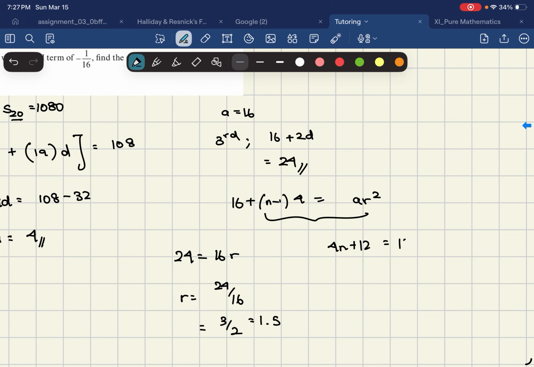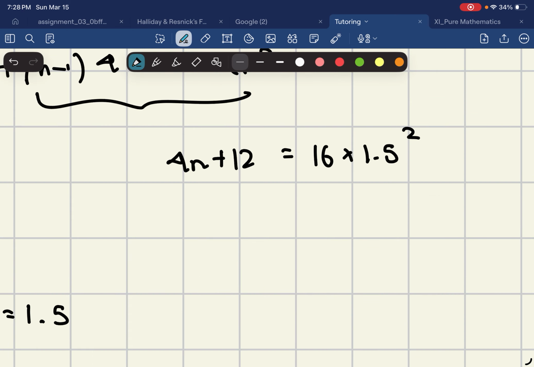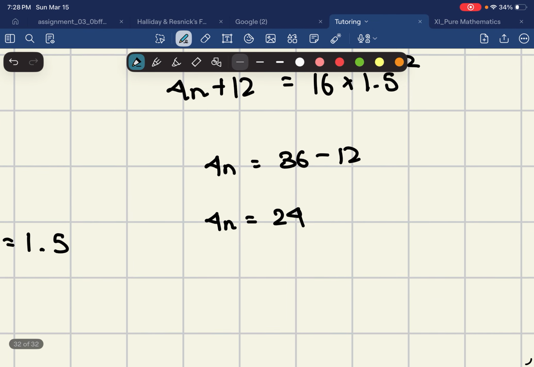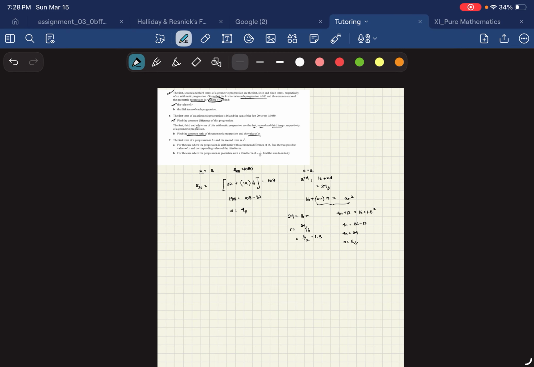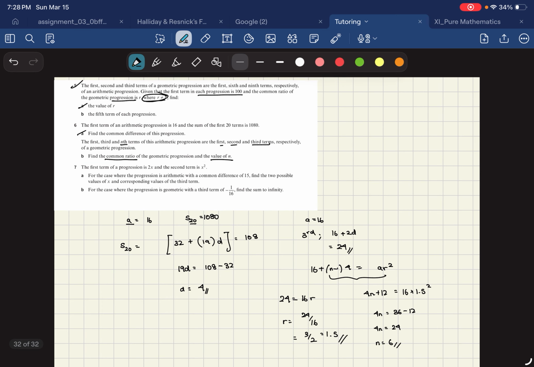So that would be just 16 times 1.5 squared. And we are just asked to solve for n. So 4n is equal to 16 times 1.5 squared, which gives me 36. 36 minus 12, right? I have to subtract 12 from both sides as well. So that is 24, and therefore n is equal to 6. And that is my r value. So we are done with question 6.